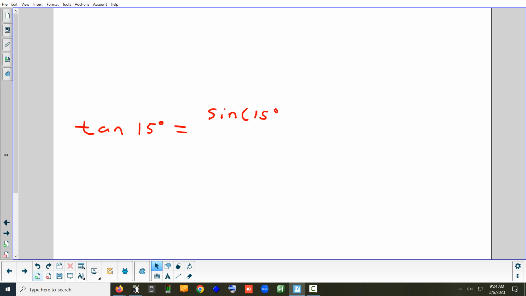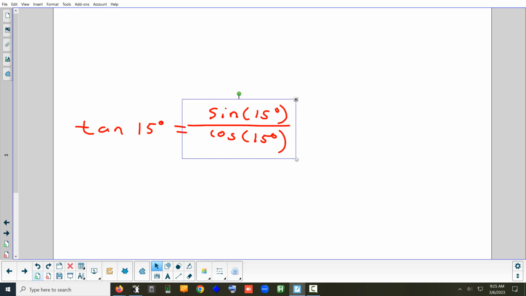So if you really had to do a problem with tangent, you could break up tangent as sine divided by cosine, and then do the sine of 15, just like I showed you, and then do the cosine of 15, and divide your two answers when you're done. So a tangent problem this way would be more work, because you'd really have to do two problems. But you could figure it out that way.